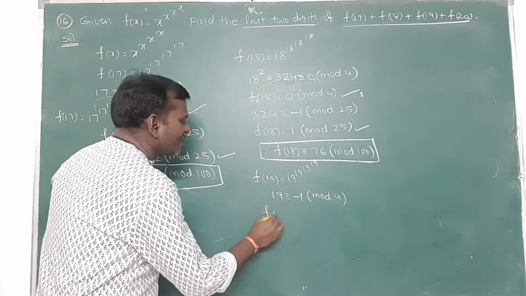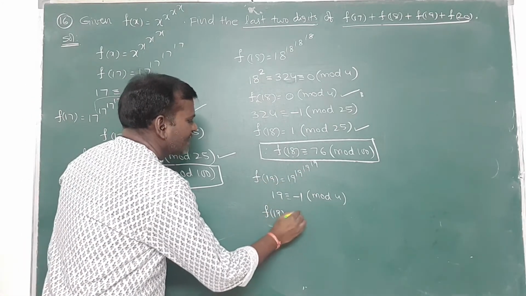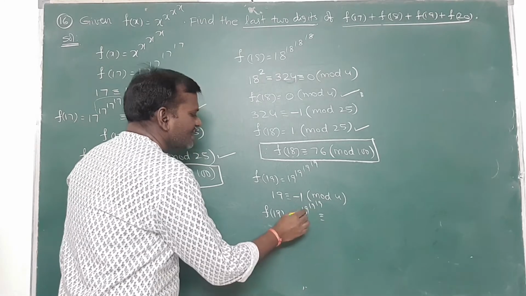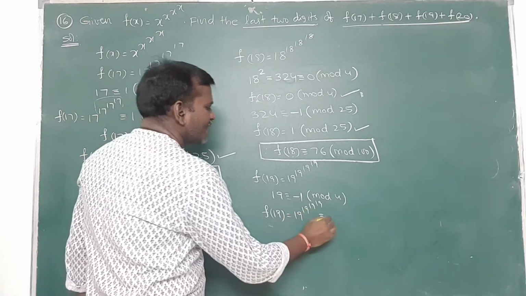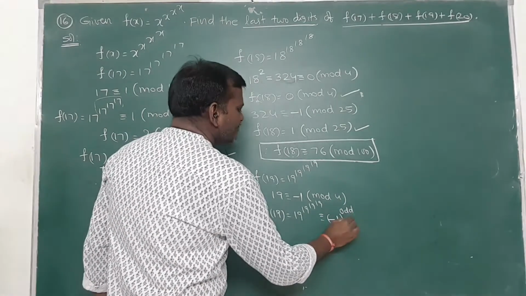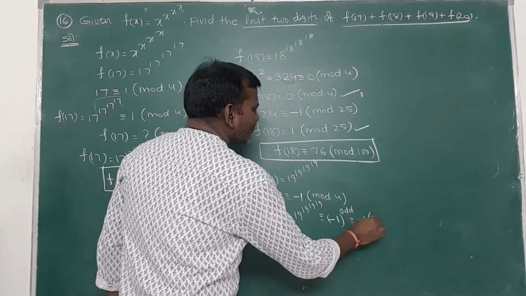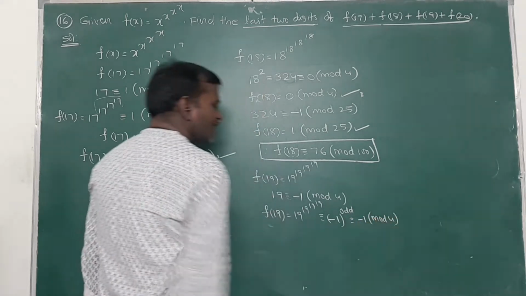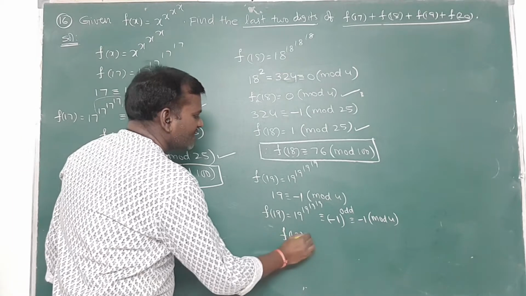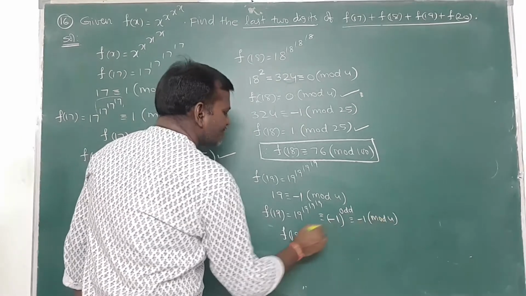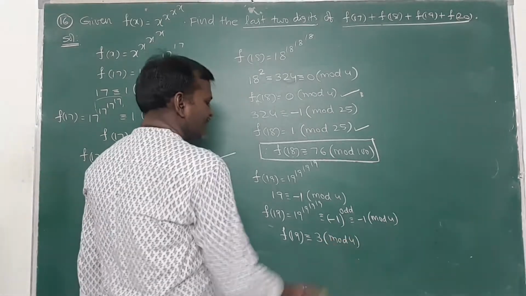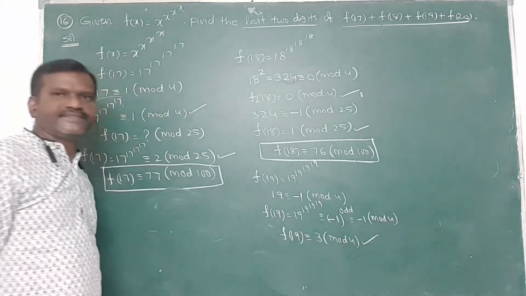So f of 19 leaves minus 1 mod 4. The actual remainder of f of 19 is 4 minus 1, which is 3 mod 4. This is the remainder when divided by 4.